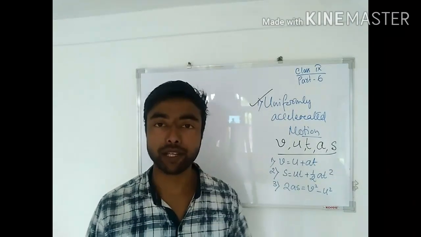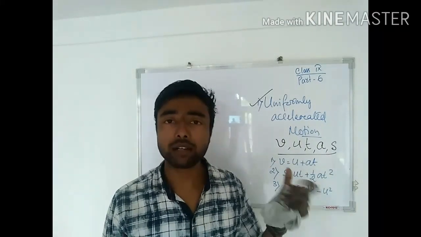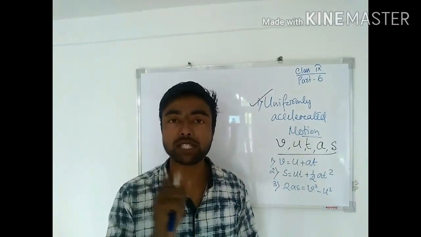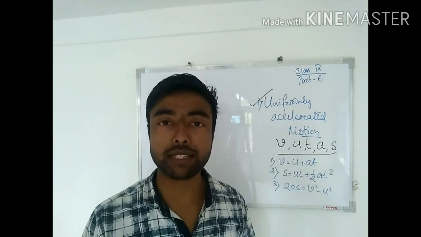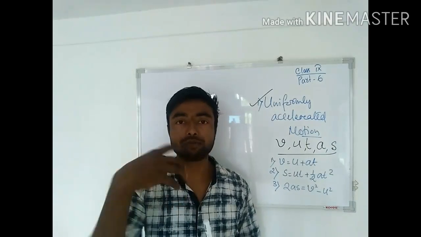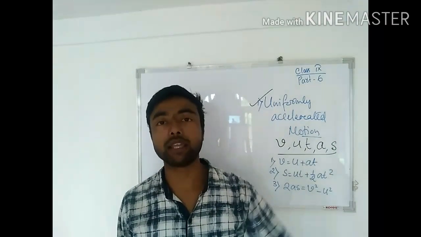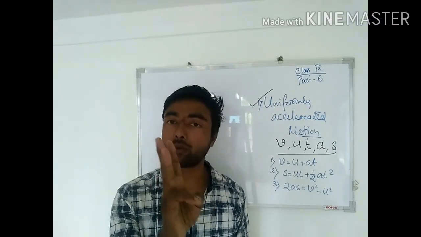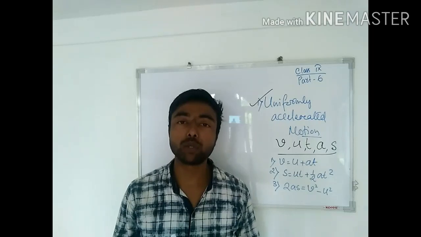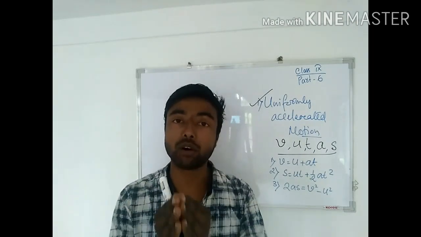Let me explain now. Before that you need to understand these equations are derived considering the motion is linear. You have to consider that any object is moving along a straight line, and in that case only we are going to derive these equations. That means to derive these 3 equations of motion the motion must be linear, along a straight line.